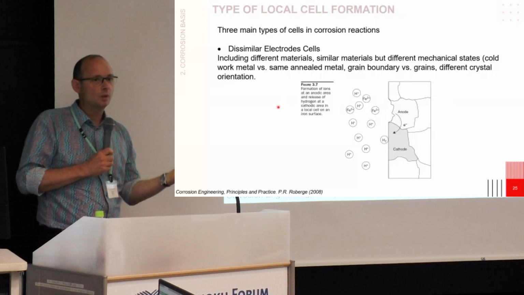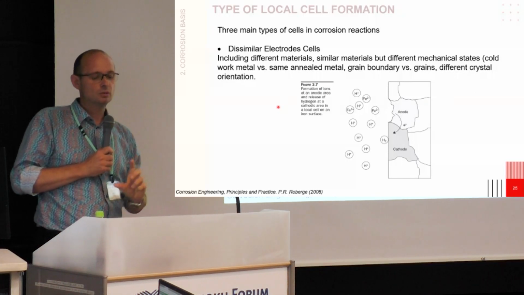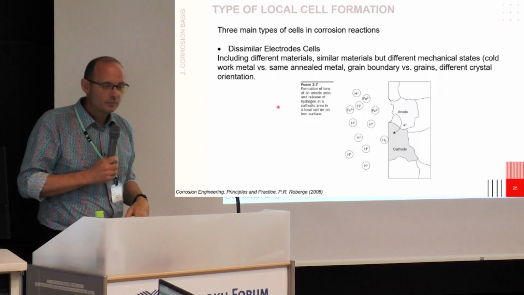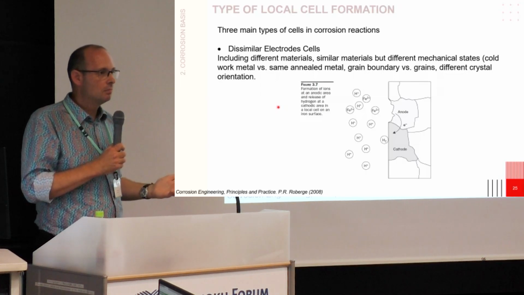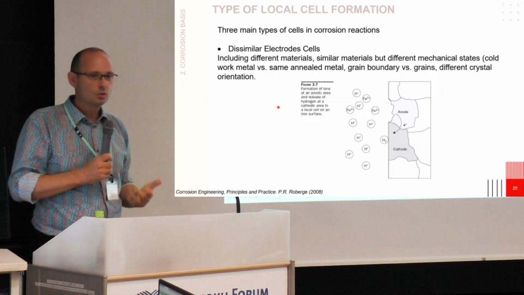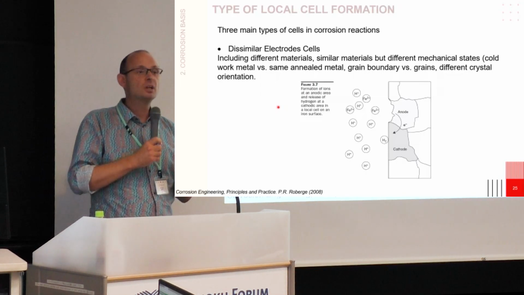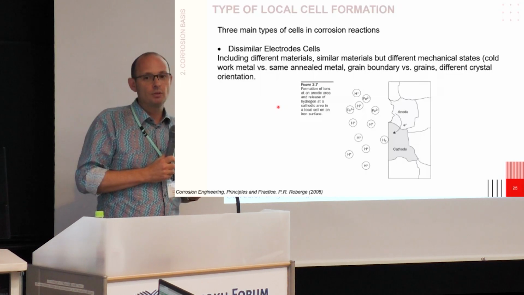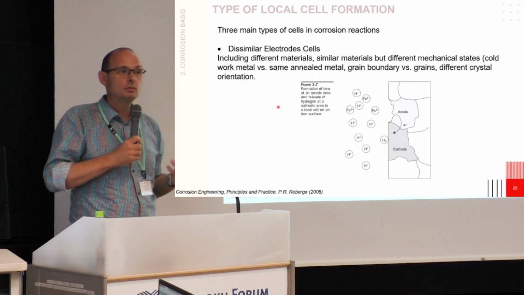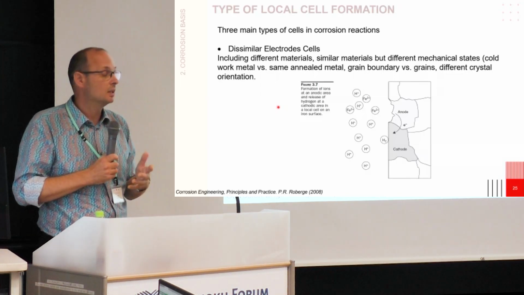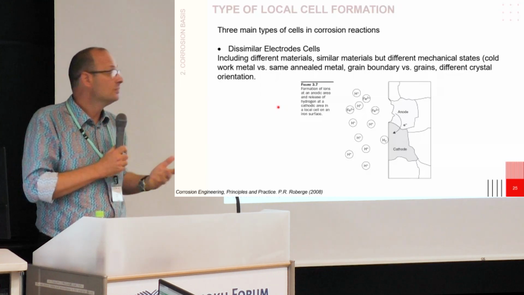Cells means one electrochemical reaction, another electrochemical reaction. A first cell is materials. They are not monocrystals. I said it this morning. So that means they have grain orientation. And because of grain orientation, you don't have the same atoms on the surface. So you don't have the same energy. So some surfaces can become more reactive than the others.